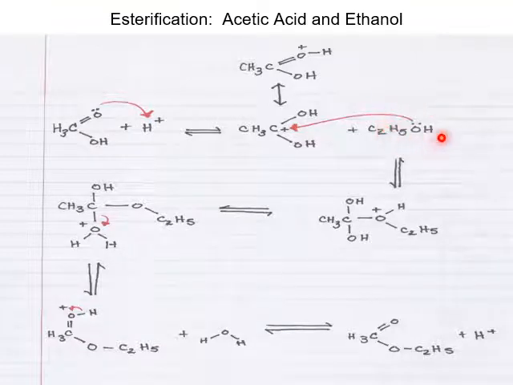and since it has a very negative region here, it essentially becomes a nucleophile. So then it's going to attack the carbon, the positive carbon, and it's going to become this structure.